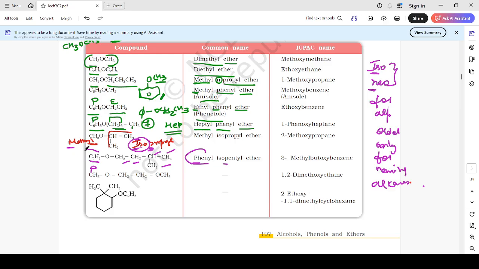Because this is bulkier compared to a normal one, same alphabet, P and P. The next alphabet is H and E. So we expect E should come in front, so it shouldn't be isopentyl. Phenyl is bulkier than isopentyl group, so therefore we give phenyl the priority. So phenyl isopentyl ether.